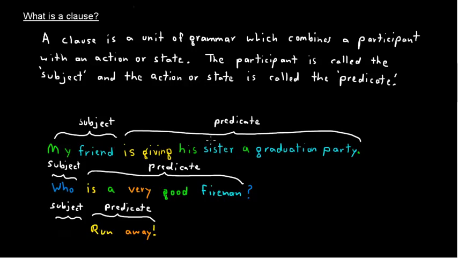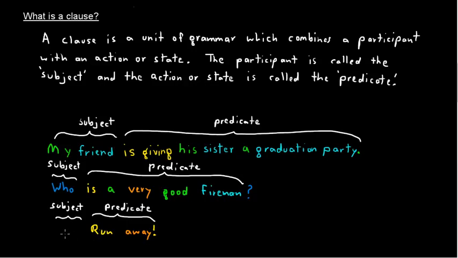So a clause combines a participant: my friend; who, which is some kind of undefined person out there that we're trying to identify; and you, our implied participant.